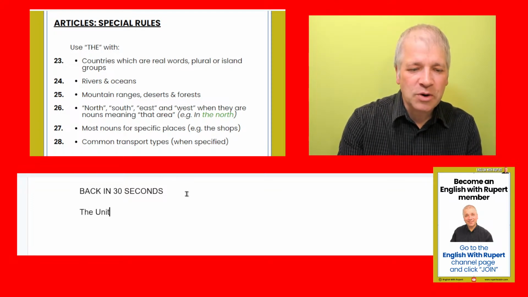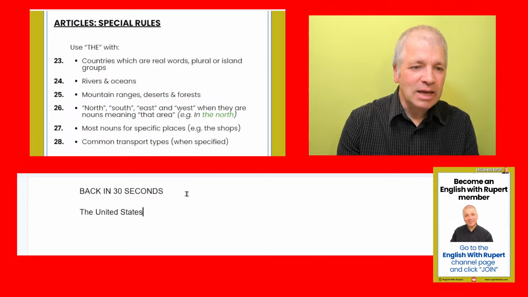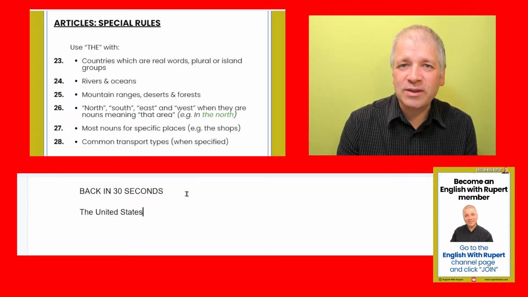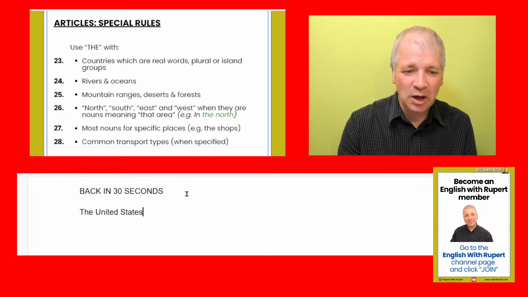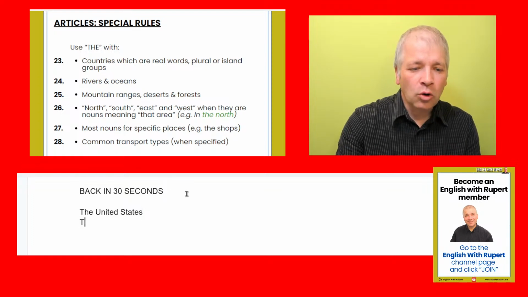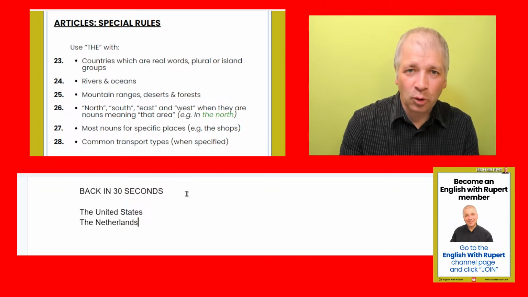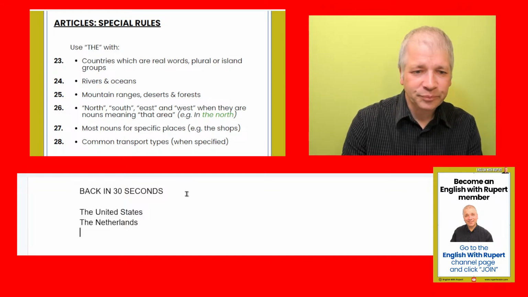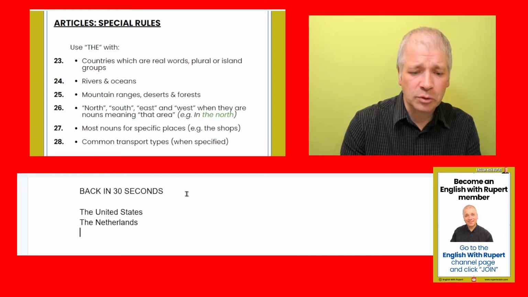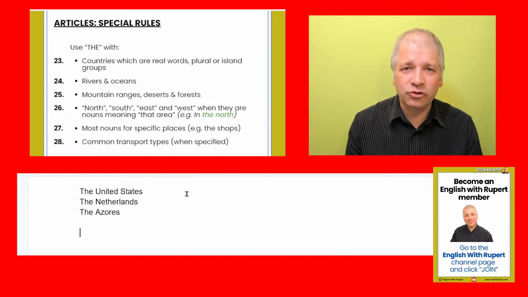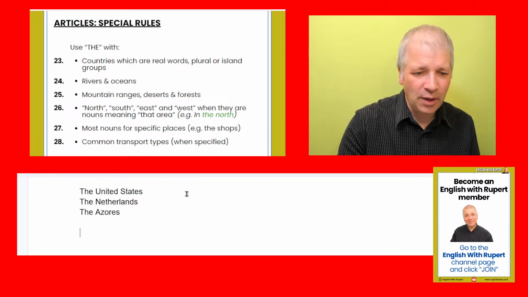The United States is a country that has real words that you'll find in the dictionary, so we use the before it. Plurals such as the Netherlands, so it's a plural word, use the. And island groups. The Azores is an island group that belongs to Portugal in the Atlantic Ocean. A group of islands, so we call them the.